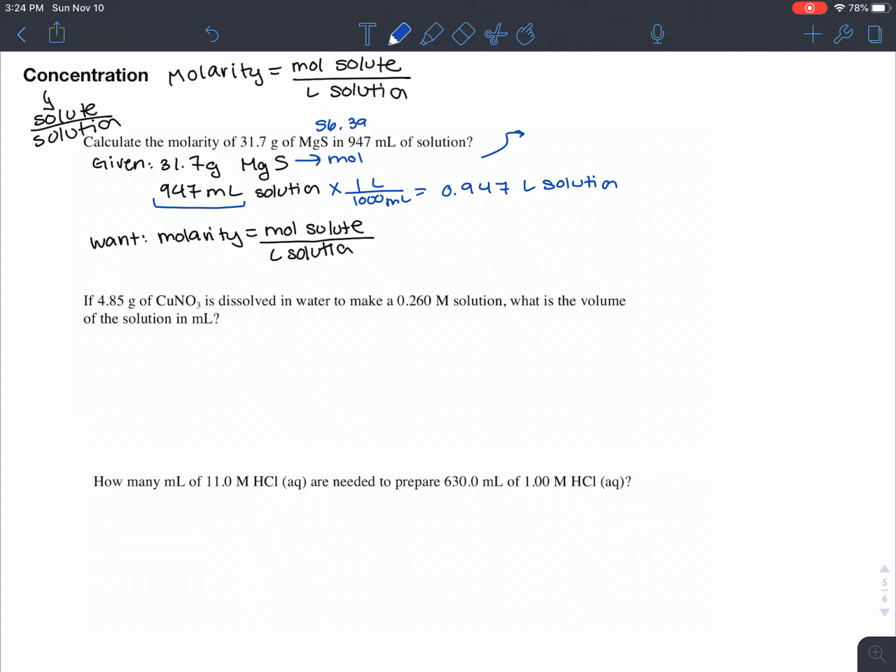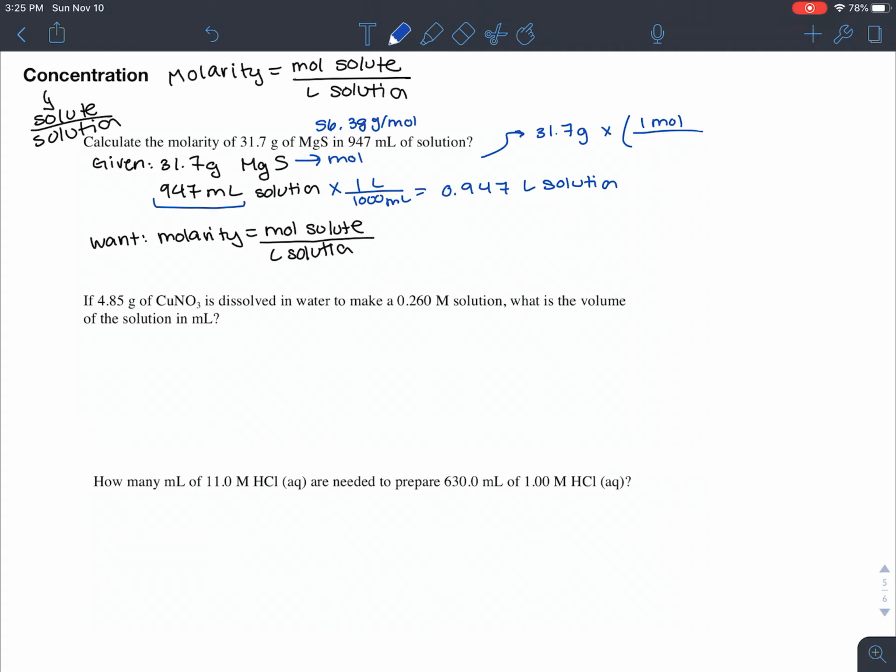The molar mass of magnesium sulfide is 56.38. Remember, molar mass is always given to you. You can look at the periodic table, look at the mass of magnesium and the mass of sulfur, and add them together. It's around 24 plus 32 something. That gives you 56.38.